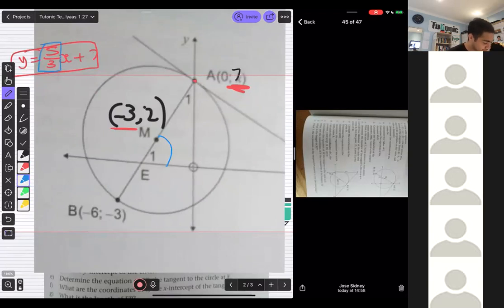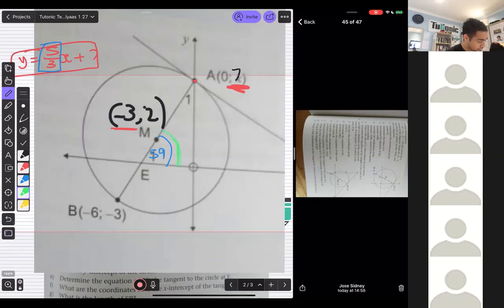So the angle is equal to 59 degrees. Right. And in previous videos, I've told you guys that the angle of inclination is the angle that your line makes with the positive x-axis.